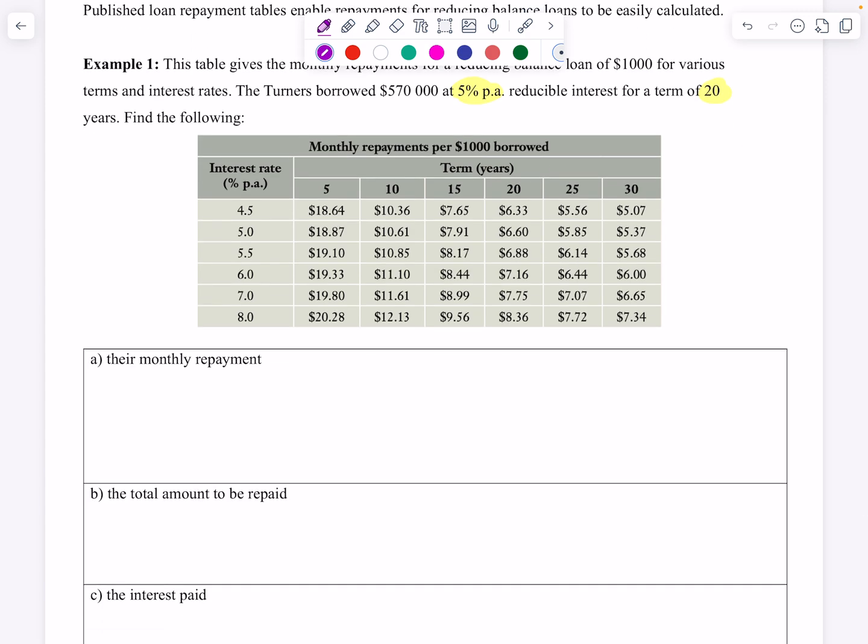So the total monthly repayment would be equal to, let's look at 5%, 20 years, $6.60. So that's for, if $1,000 was borrowed, that would be the monthly repayment.